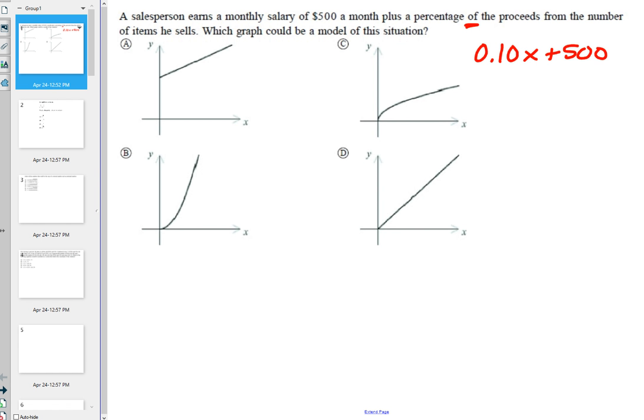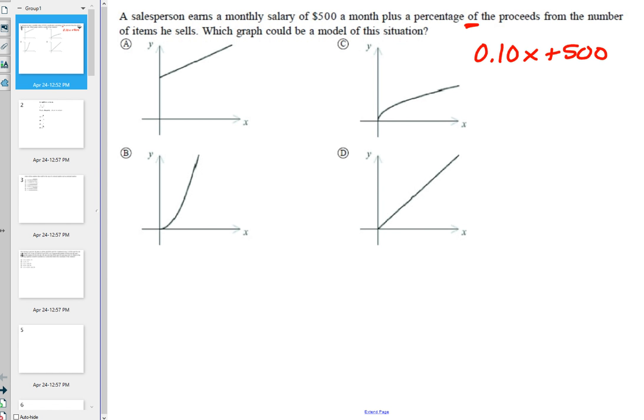So the first key thing to recognize is what type of function is being modeled there? Forget about the drawing. We're not looking at the drawing yet. When you say $500 every month plus some percentage, it's representing a linear thing.